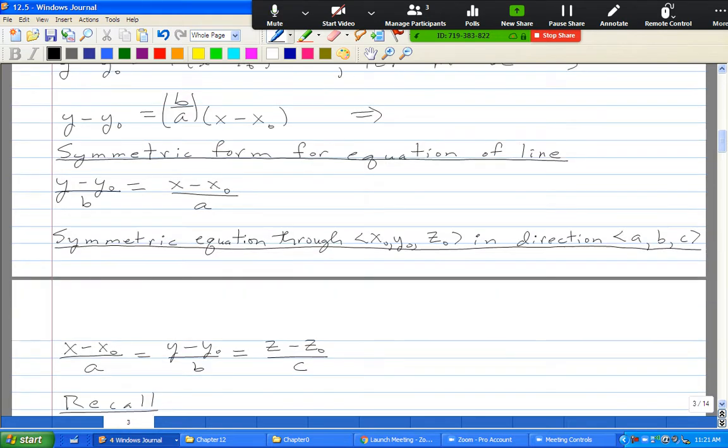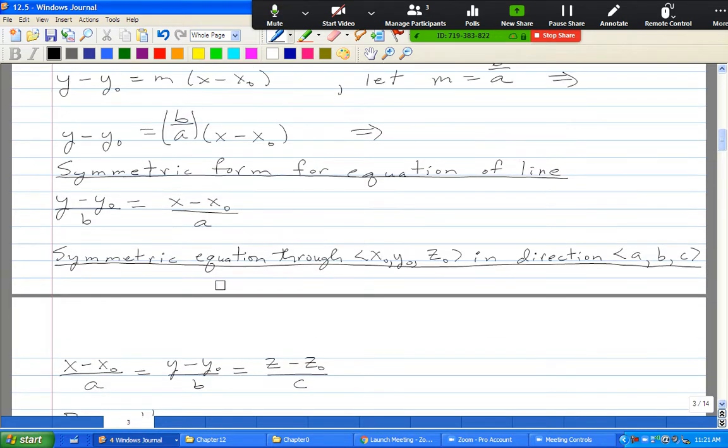Well, analogously, we have the symmetric equation through the initial point (x0, y0, z0) in the direction of (a, b, c). It is just x minus x0 over a equaling y minus y0 over b equaling z minus z0 over c. When I write two equal signs like this, what that means is that any pair that you pick are going to be equal.